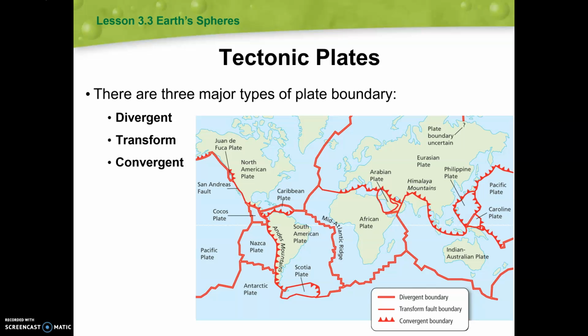There are 3 different types of plate boundaries, and these are going to be the ones that you want to highlight here. We have divergent, transform, and convergent boundaries. If we take a look at this map a little bit, we can see where those different boundaries lie. Looking at North America, we have a transform boundary along the coast of California.